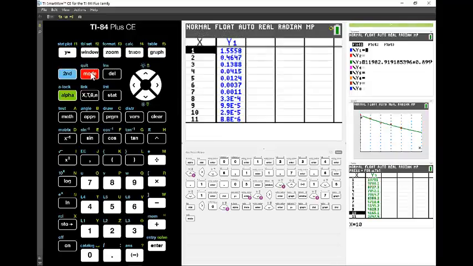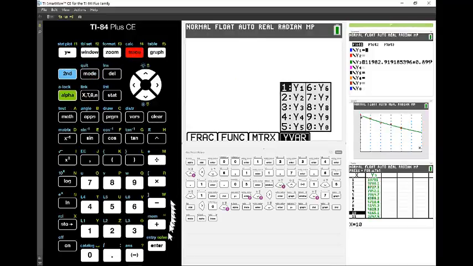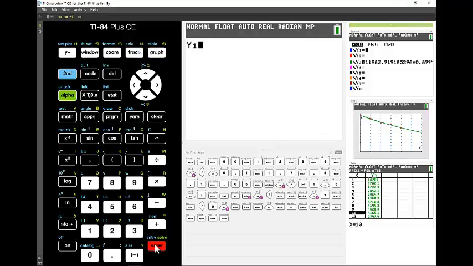If we go second quit here and go back to our normal screen, and then we go alpha trace, that brings up our y1 functions. Let's hit y1, and then let's go parentheses, and let's input the value 6. Now, you may not think this is very effective when it's only 6, but say it was 60 and you had to arrow down on that chart. You could easily put in any value for your function here and hit enter.